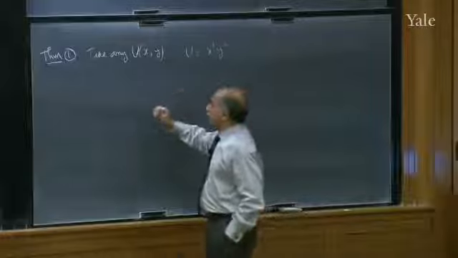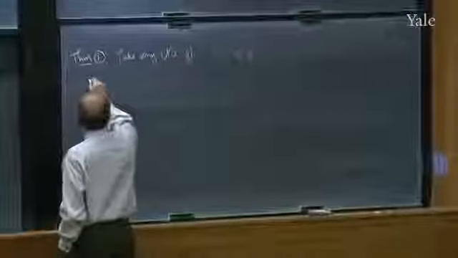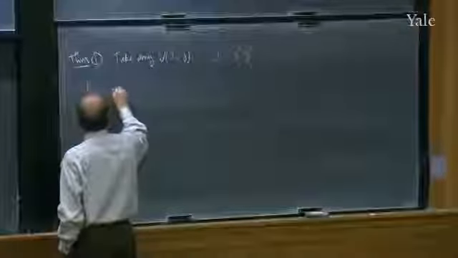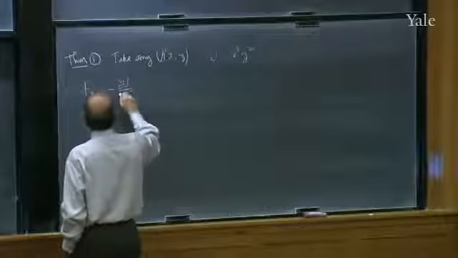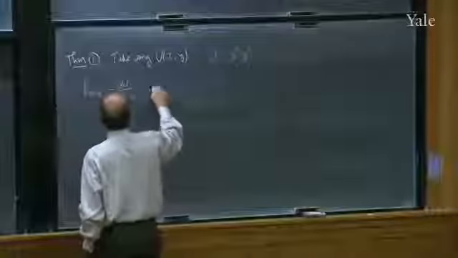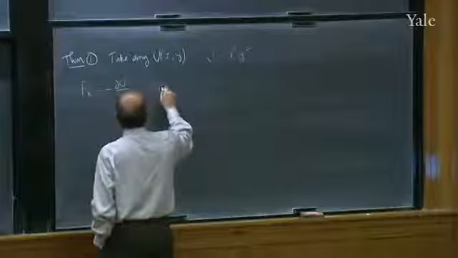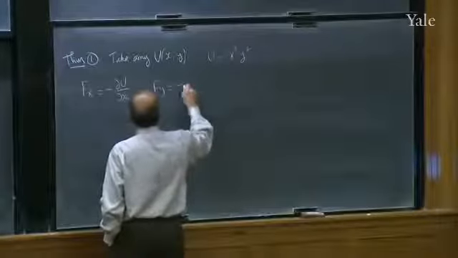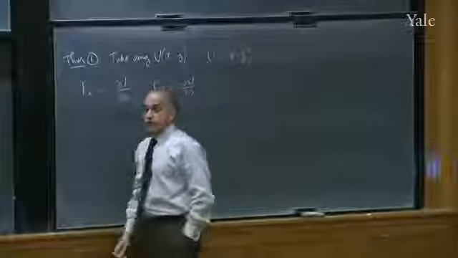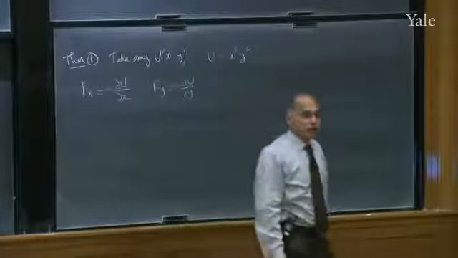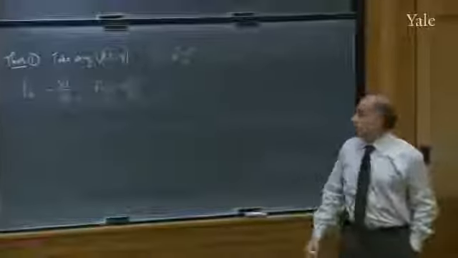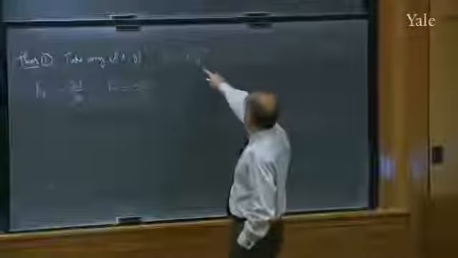Take a function. Then the force that I want has the property that fx is minus du dx and fy is minus du dy. In other words, I'm going to manufacture a force whose x component is minus the x derivative of the function I picked.